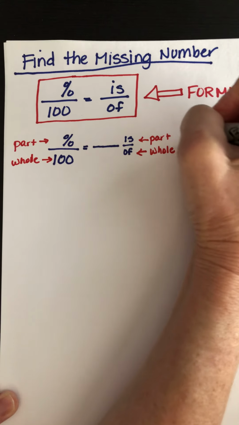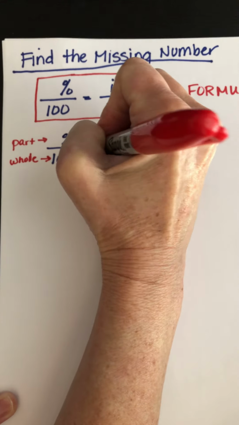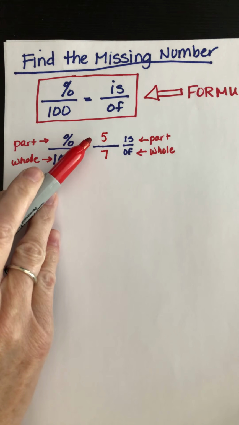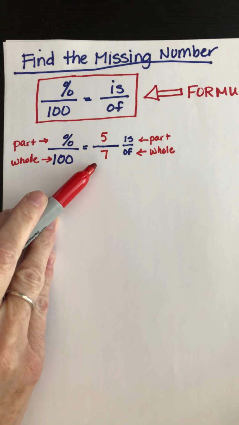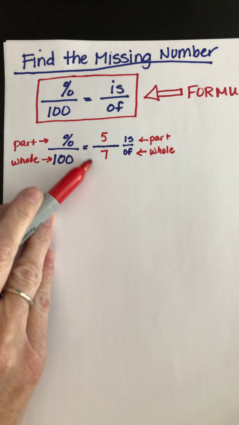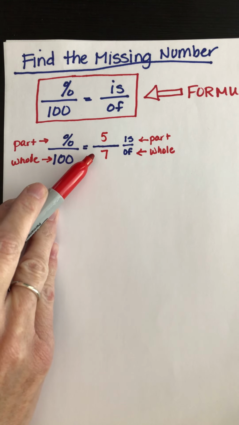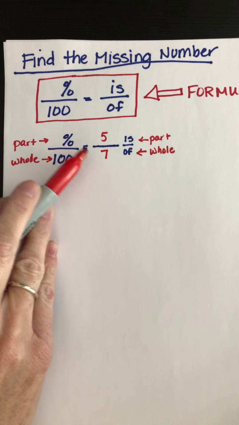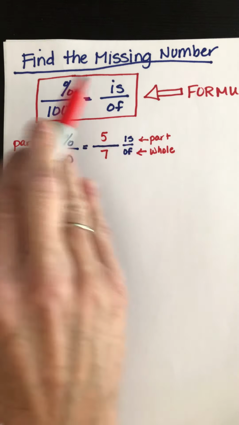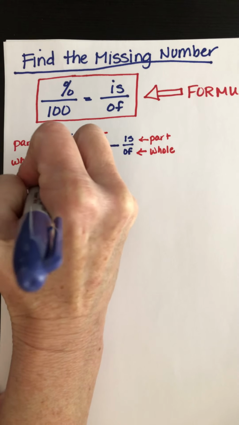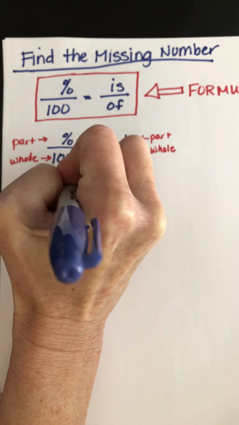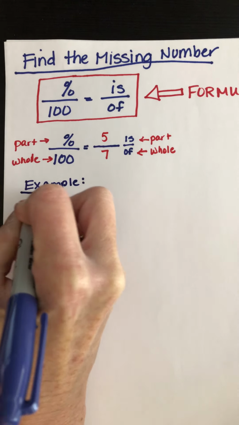If I had 5 out of 7 that are chocolate chips, 5 cookies is my part of my total cookies, which is my whole, so it would be 5 of 7. So we're going to take this formula and do an example of how to find a missing number.